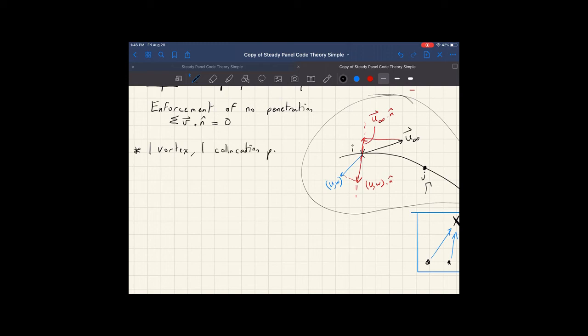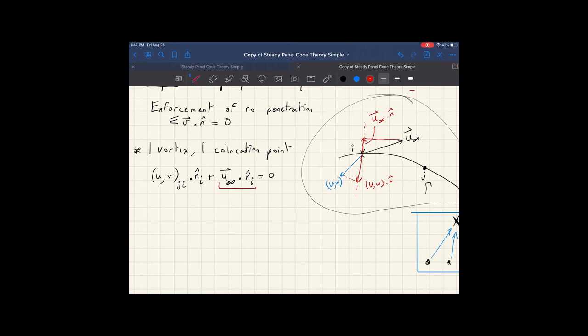For a system of one vortex and one collocation point, you simply have, so U and V here are the velocity induced by a vortex J on the collocation point I. Now, the component of that in the normal direction at the control point or collocation point, added to the free stream velocity vector, again, component along the normal direction at collocation point I, goes to 0.